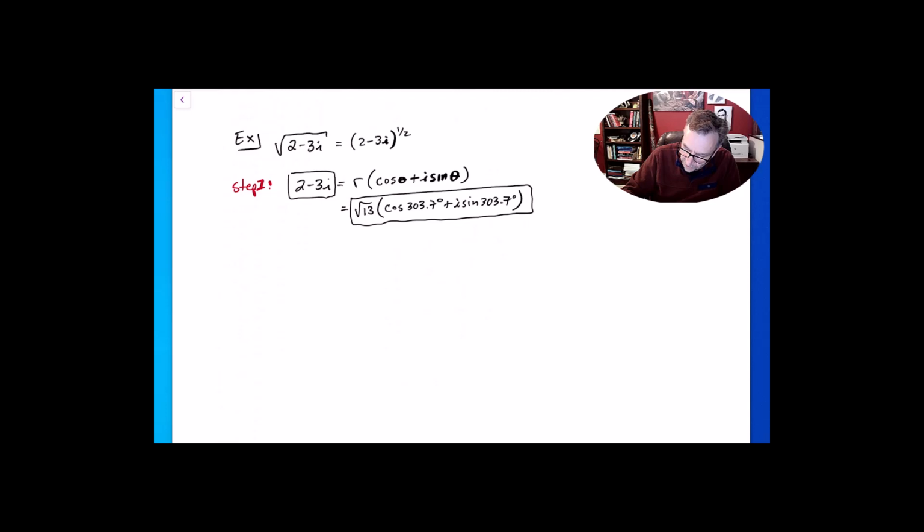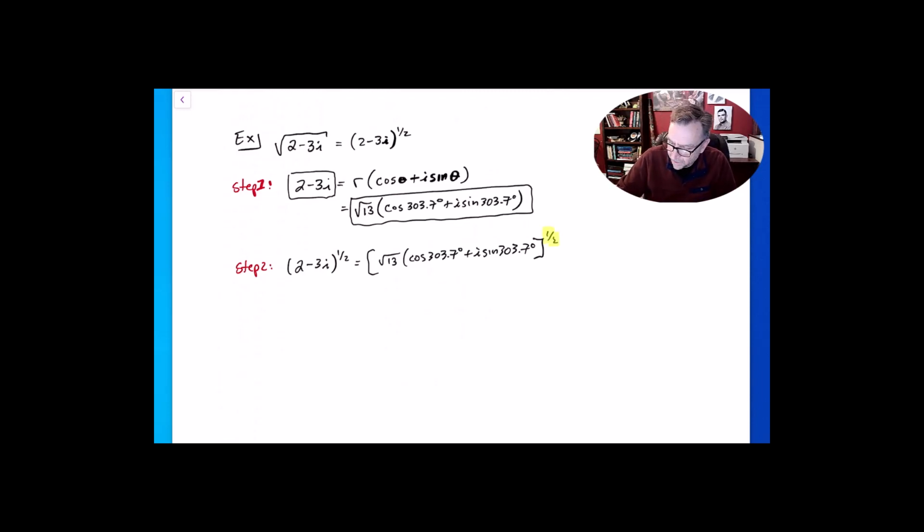So step 1 is to get trig form of the complex number. Okay, step 2 is to apply DeMoivre's theorem. So what we really want are the two square roots of 2 minus 3i. So in brackets, we'll put the trig form, square root of 13 times cosine of 303.7 plus I sine of 303.7, and we're going to raise that to the 1/2 power.